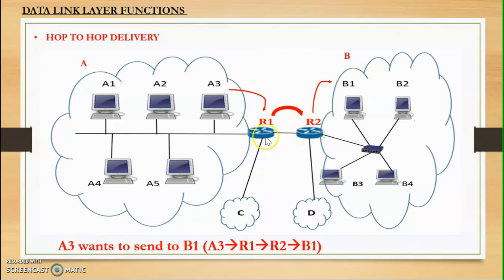So again, sending the data from R1 to R2 is the responsibility of the data link layer because it is hop-to-hop delivery, and then data will be sent from R2 to B1. Actually from R2 data will be sent to the connecting device and then from connecting device to B1. I have not shown that hop over here. So this is the meaning of hop-to-hop delivery, which means that data link layer is only concerned with delivering the data to the next hop.